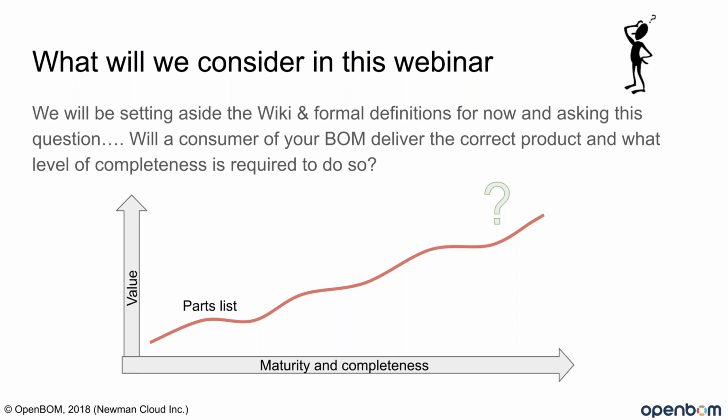So in this graphic here, we're starting out with something that I refer to as a parts list, and then as our BOM becomes more mature and complete, the value of that BOM, of course, will go up to our company. But we need to make sure we understand where the needs are and what's the best fit for my company.